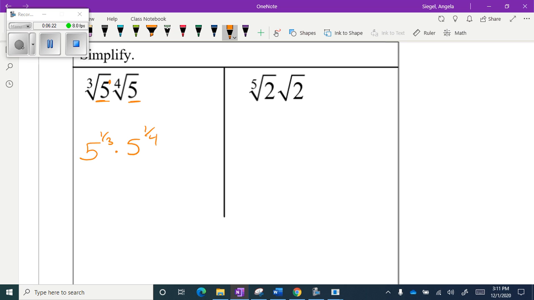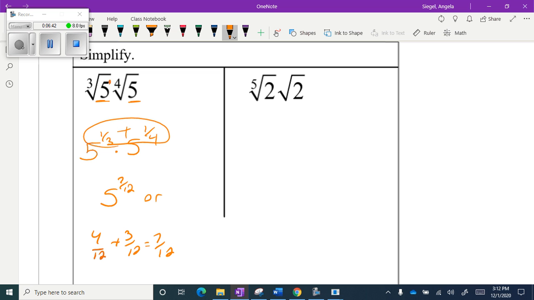And so when they have the same base, it's going to be 5 to the, and then I'm going to add these together. So 1/3 plus 1/4. Let's see. So common denominator of 12. So 4/12 plus 3/12 is 7/12. So my answer would be 7/12.